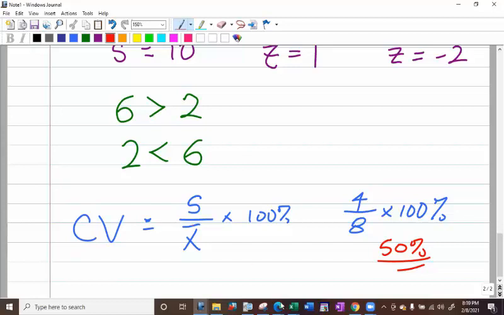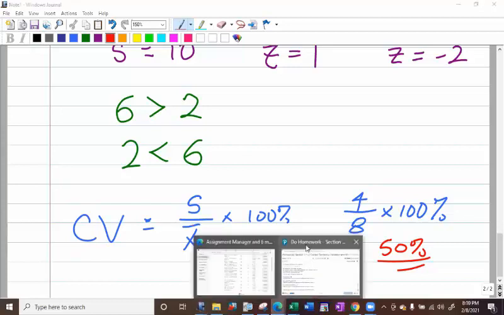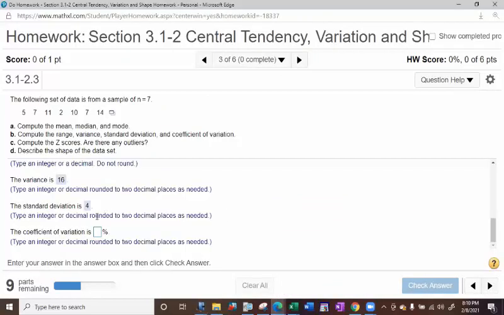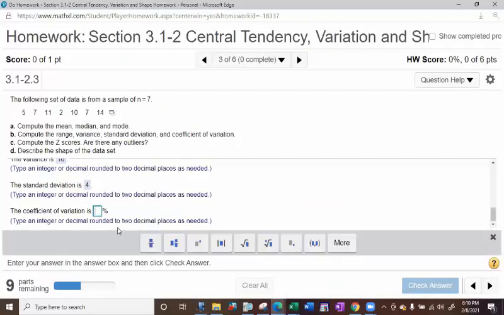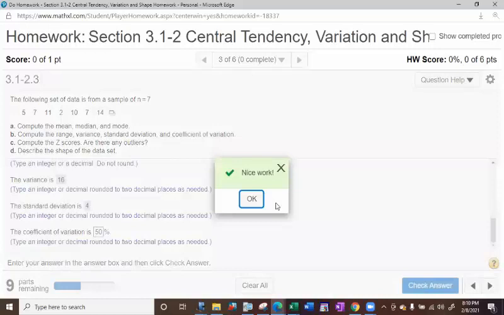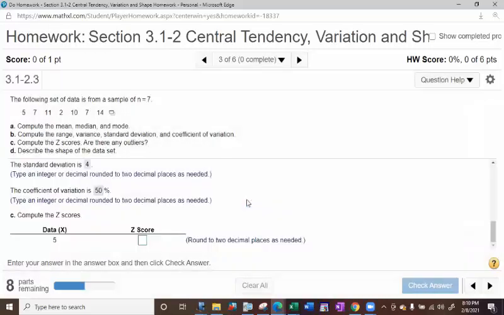So 50. Yeah, these numbers are working out kind of convenient. But it's not difficult otherwise. Just need to use a calculator. All right, we're sailing right along.